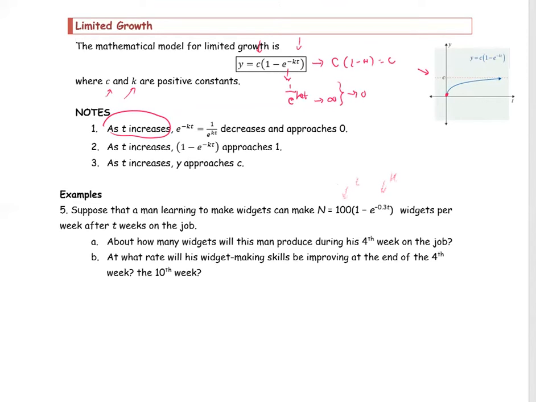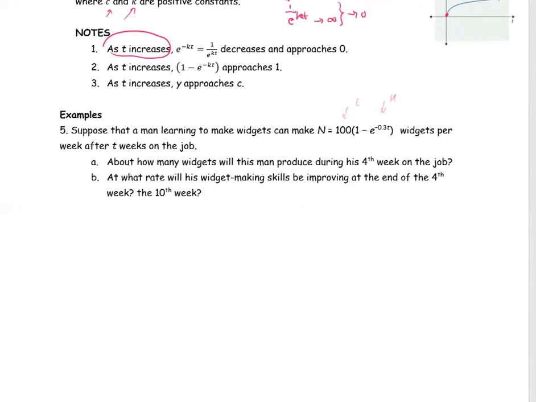In part A, about how many widgets will this man produce during his 4th week on the job? And part B, at what rate will his widget making skills be improving at the end of the 4th week and the 10th week? For part A, we are going to compute n, the number of widgets during his 4th week, so t equals 4.